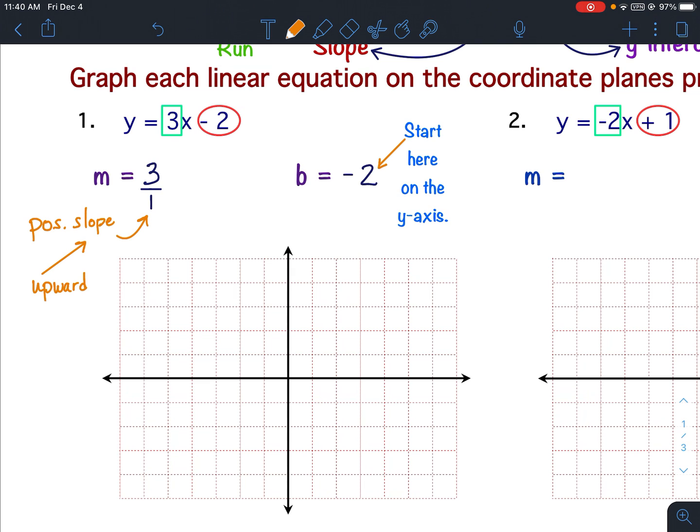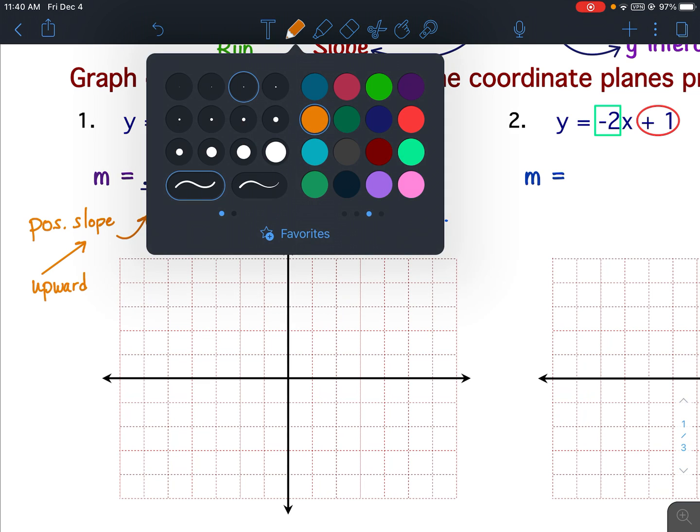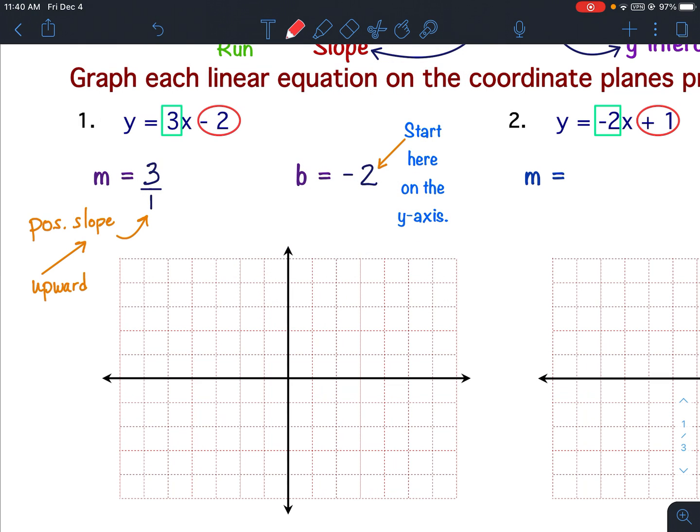So we're going to start at negative 2 on the y-axis. Remember, here's your y-axis. Here's the origin in the middle. So negative 2 would go from the origin and go down 2. And put a point.